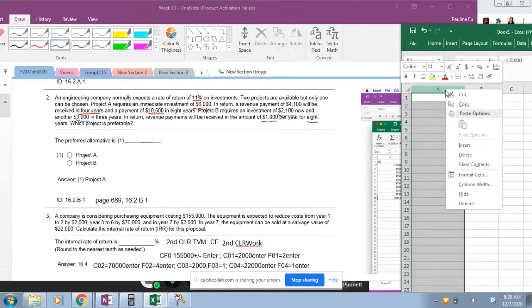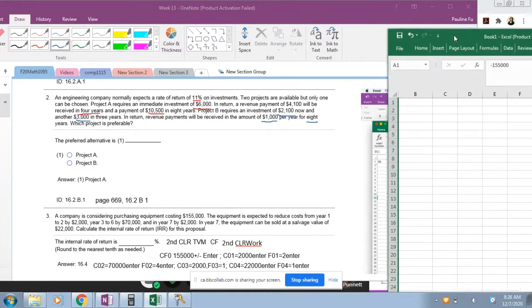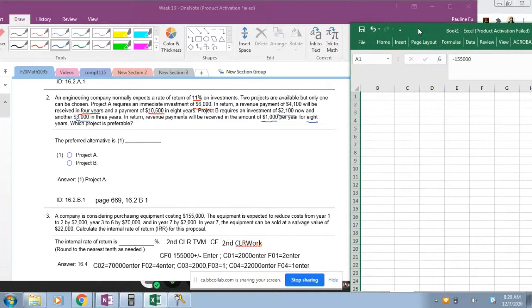Well, maybe hide this one. Okay. So I'm going to do project A, then project B. There are 2 projects. So project A, I use red color. So we write down some numbers.